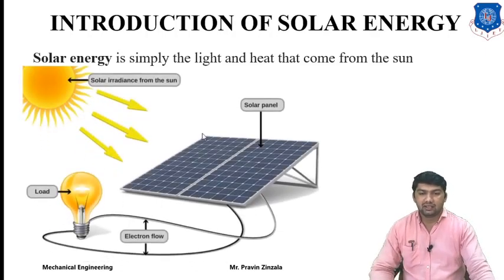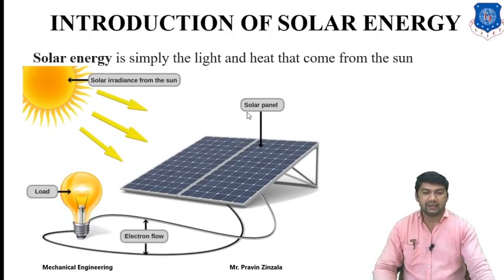Whenever solar radiation strikes a solar panel, it generates electricity. If we connect a load through wire, it gives output in the form of light, heat, or mechanical energy. So this is the basic principle of solar energy.